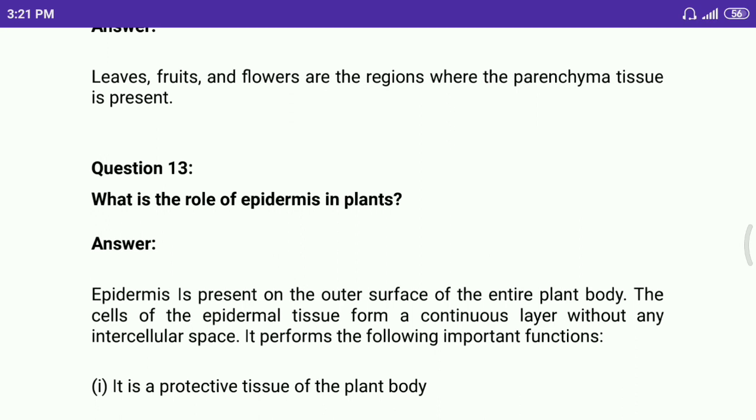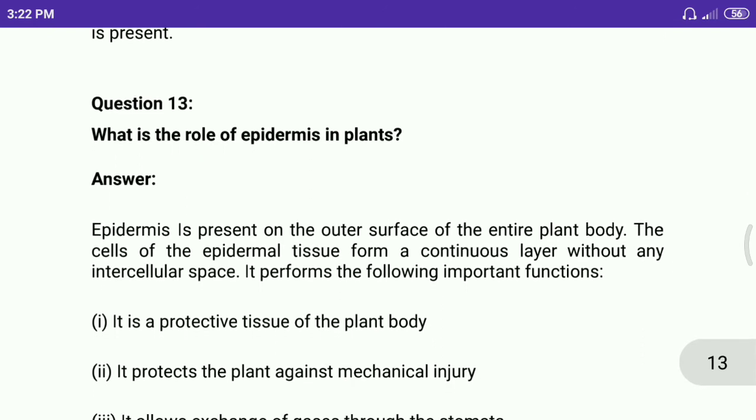Question 13. What is the role of epidermis in plants? Epidermis is present on the outer surface of the entire plant body. The cells of the epidermis form a continuous layer without any intercellular space.